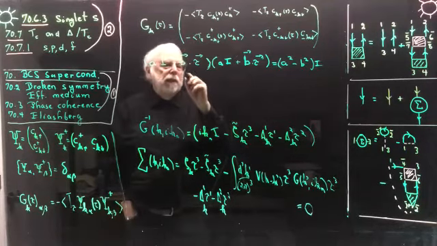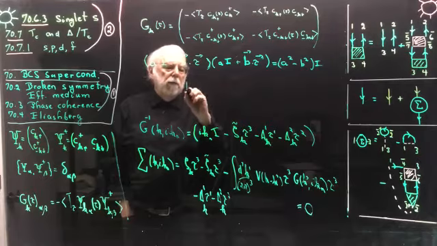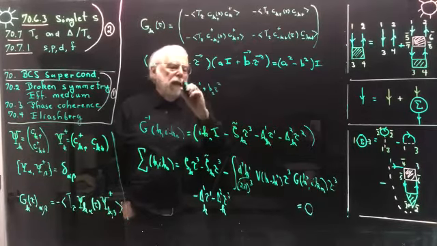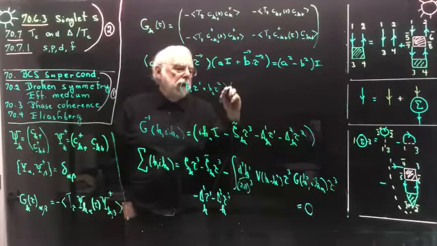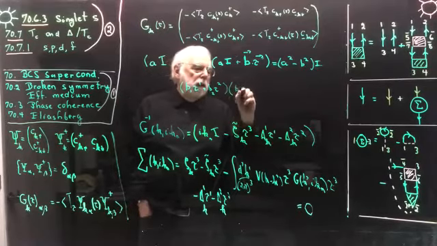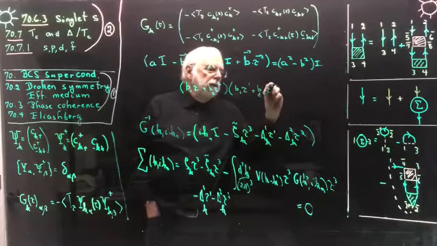Let me take just two components: B1 tau 1 plus B2 tau 2, and now I multiply by B1 tau 1 plus B2 tau 2.